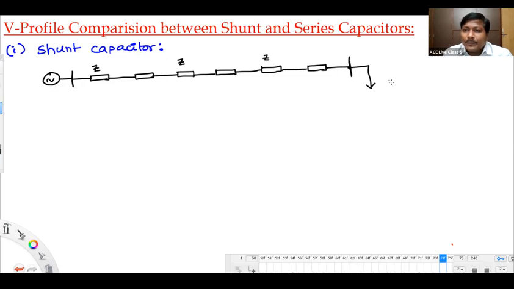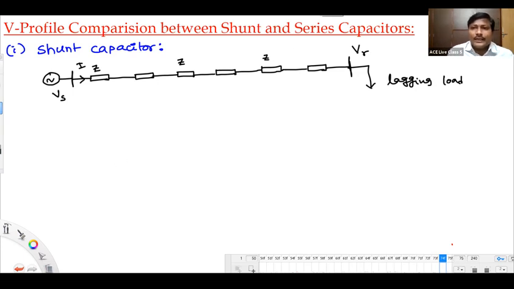We are keeping a lagging power factor load here, and we have some current flow in this line as I. The sending end voltage is Vs, and the receiving end voltage is VR.